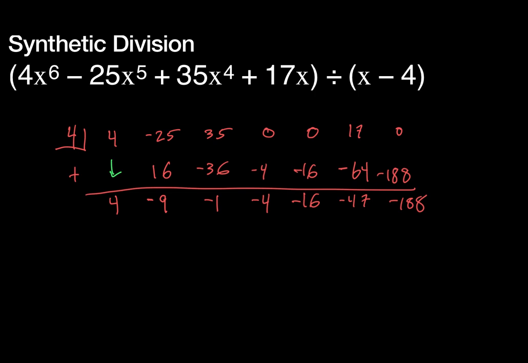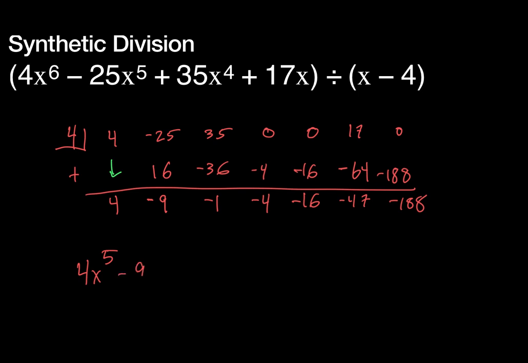But what it does leave me with is 4x to the 5th. Again, since my original highest power was 6, I'm dividing by an x. I'm now just reducing everything by 1. 6th, 5th, 4th, 3rd, squared, single x, and my remainder.